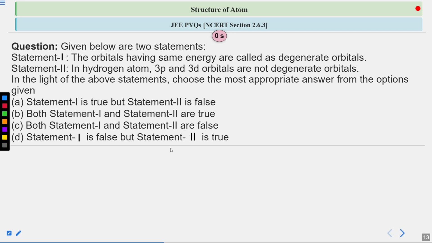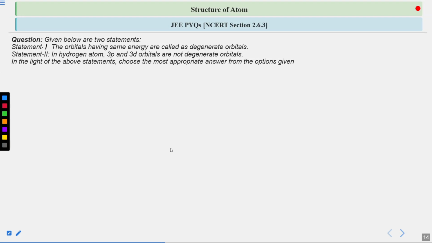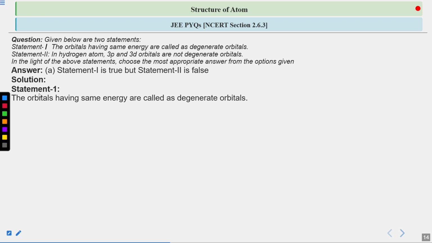Okay, let's see. So for this given question, the correct answer is option A. Statement 1 is true, but statement 2 is false. Statement 1 is the orbitals having the same energy are called degenerate orbitals.